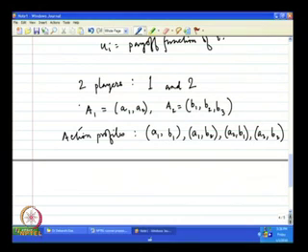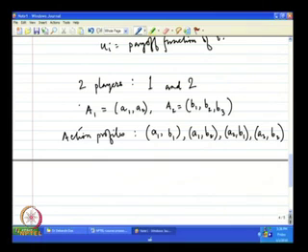So, depending on the size of the action sets of each player, the number of action profiles can go on rising. And of course, if the number of players is also more, here there were 2 players, but suppose there were n players, then each action profile would have consisted of n elements.